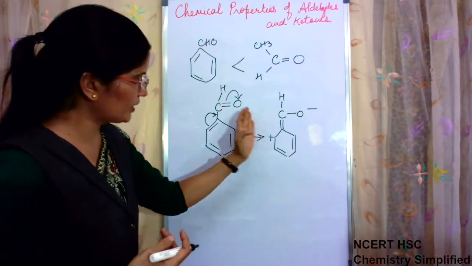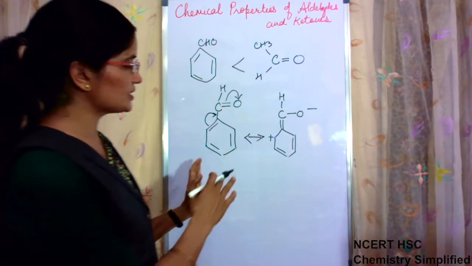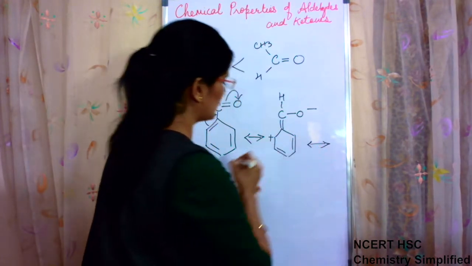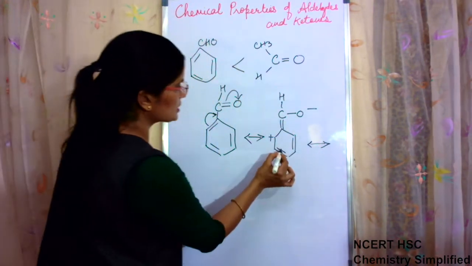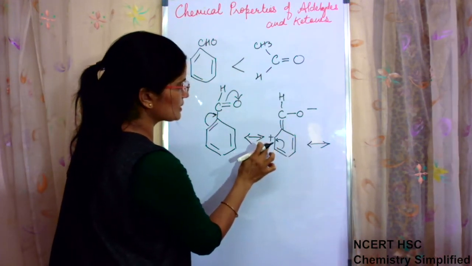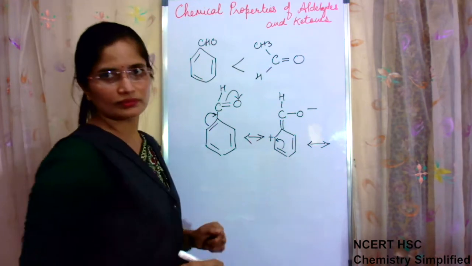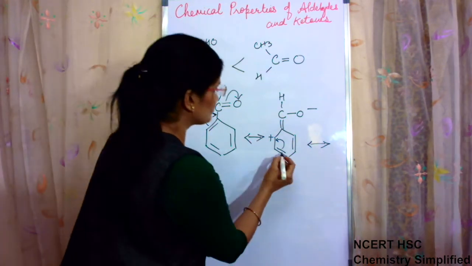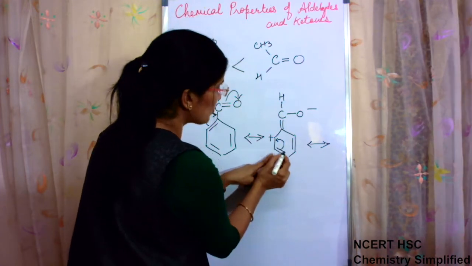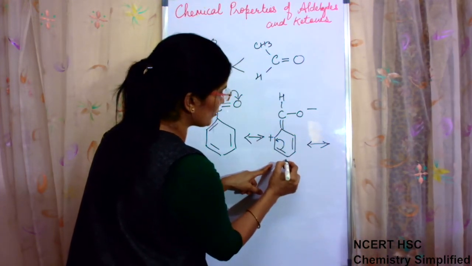Now, when we have started making resonating structures, let us complete. The next structure will be, this bond will shift to neutralize this positive charge. Then, because this bond is shifted, this position will acquire positive charge.